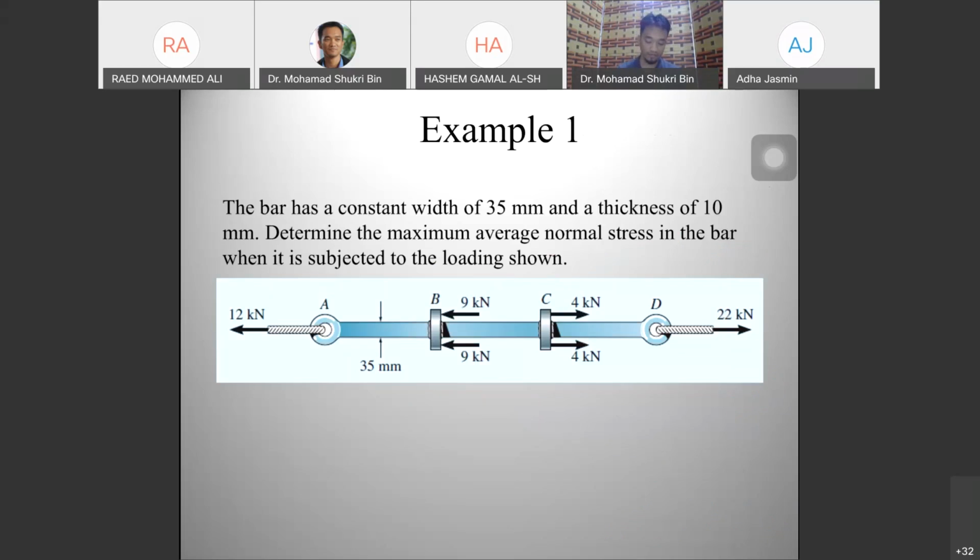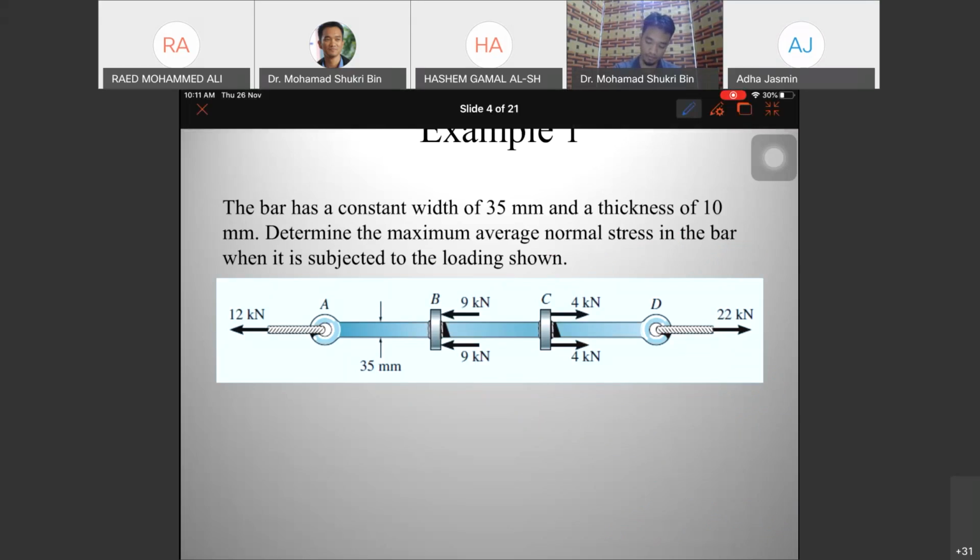So we have several bars here. We have bar AB, we have bar BC, we have bar CD.